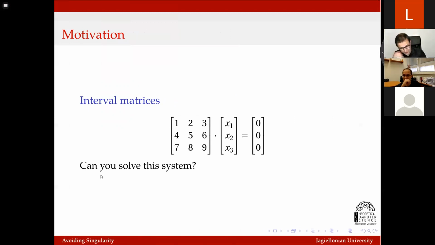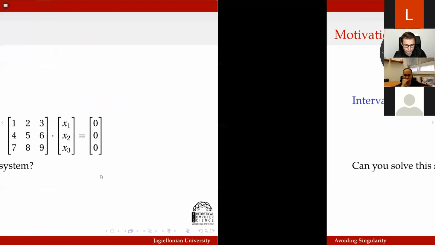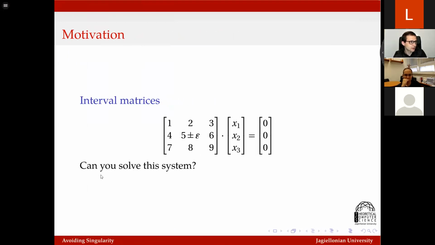Okay, so the original motivation for this project was the following question. We have some system of equations, and we ask, can we solve them? And then we want to allow some error in the system matrix. So we can just write that some of the entries are a little bit unknown, and there is some error allowed there. What would it mean to solve such a system? Basically, you can consider either solving it for every possible choice of the value for this 5 plus epsilon, or you can solve it for some value.